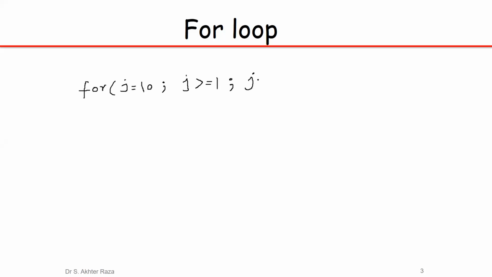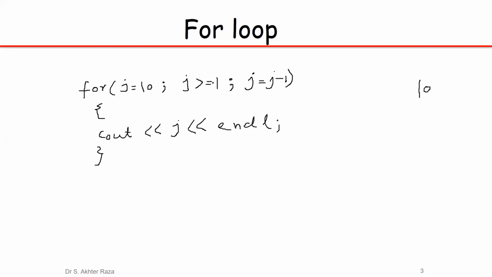J is equal to j minus 1. And in the body of loop, you have to write down just cout j and endl and bracket closed.